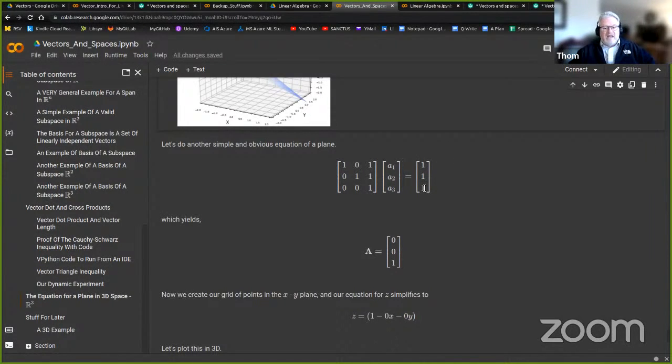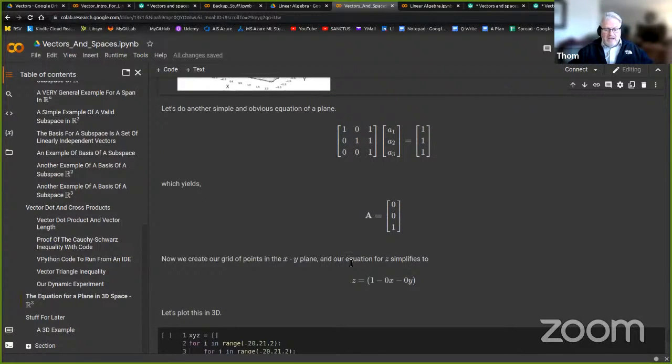And so we're going to say all of that equals 1, too. That's how we're going to constrain it, with this value of 1. Well, that yields a normal vector of 0, 0, 1, which makes sense because it's a plane perfectly parallel in 2 dimensions to the XY plane, where Z is 0. And so now we create our grid of points in the XY plane, and our equation for Z simplifies to 1. Z always equals 1, no matter what you feed in for X and Y.